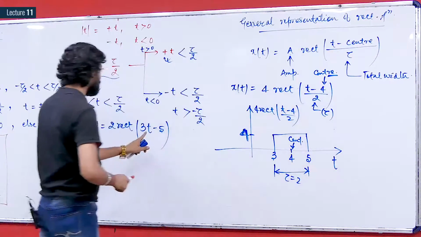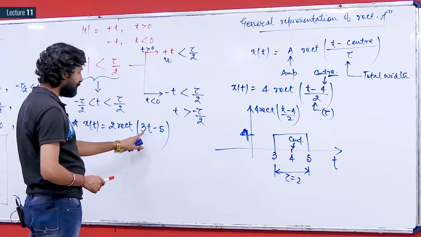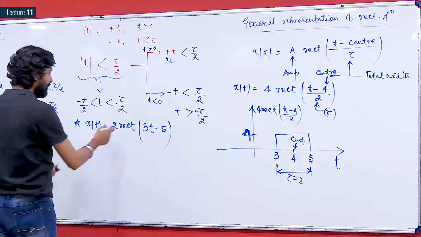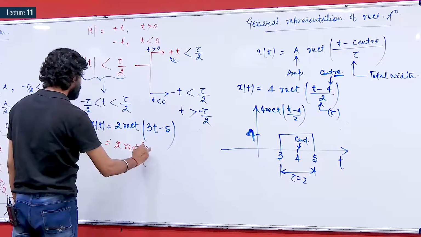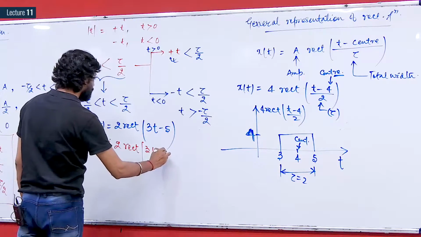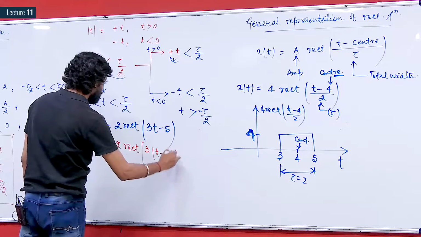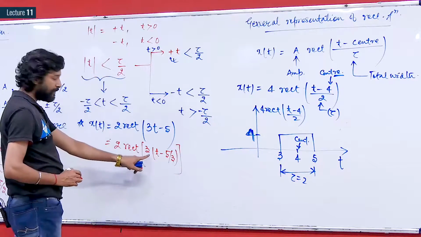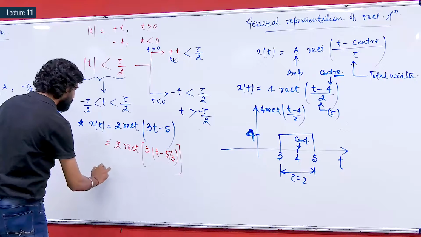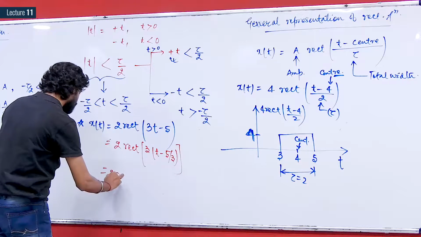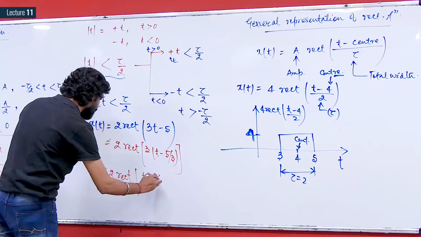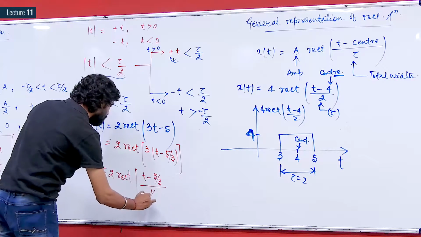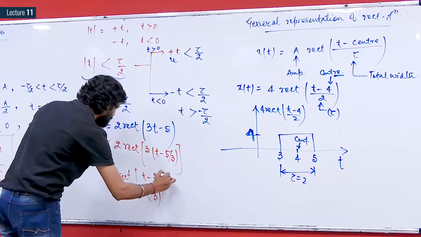Here, as t has a scaling, you take this scaling factor common, and you can write it as 2 rectangle of, taking 3 common, t minus 5 by 3. Now, again for comparison, you can write this as 2 rectangle of t minus 5 by 3 divided by 1 by 3.